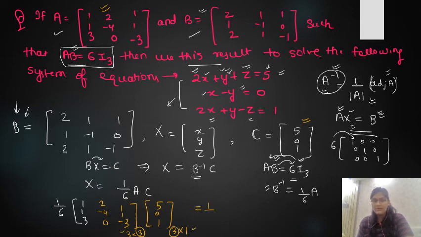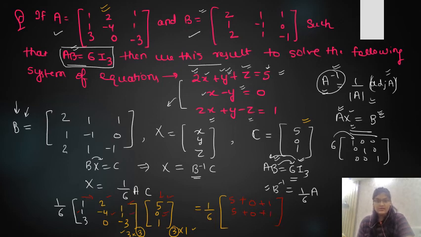So how will you calculate it? See, first row, first column. So 1 times 5 is 5, plus 2 times 0 is 0, plus 1 times 1 is 1, right? Then second row, first column. So 1 times 5 is 5, minus 4 times 0 is 0, and 1 times 1 is 1.